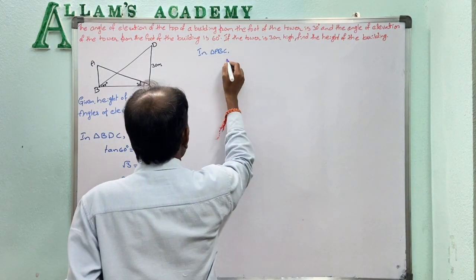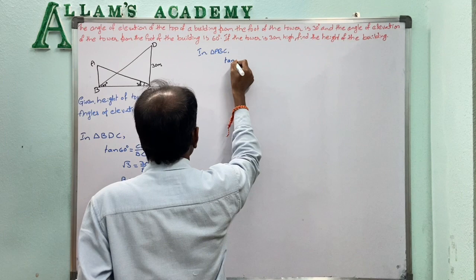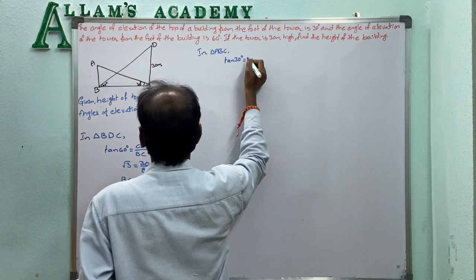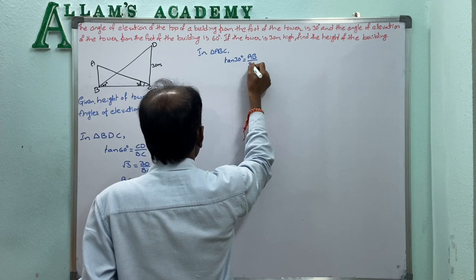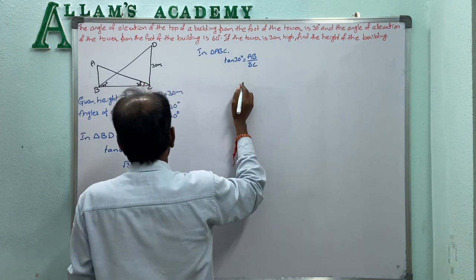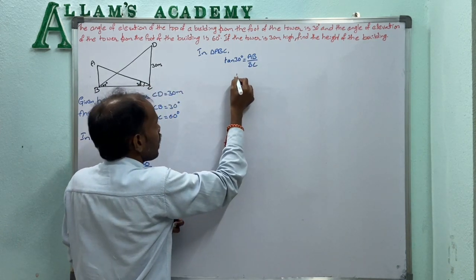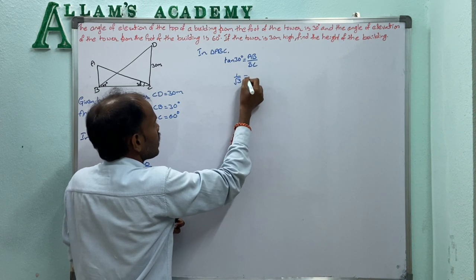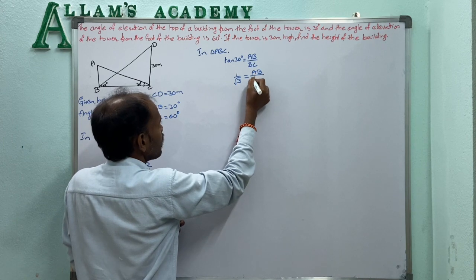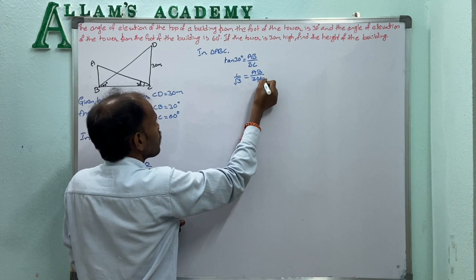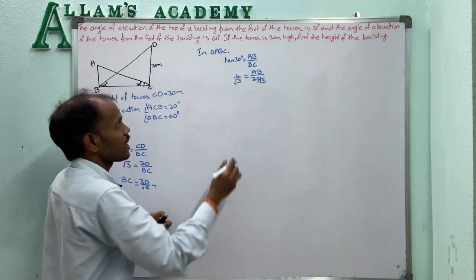So tan 30 degrees equal to opposite side AB by adjacent side BC. So tan 30 equal to 1 by root 3 equals AB value we want to find, BC value 30 by root 3.